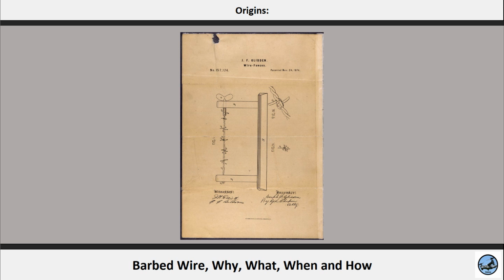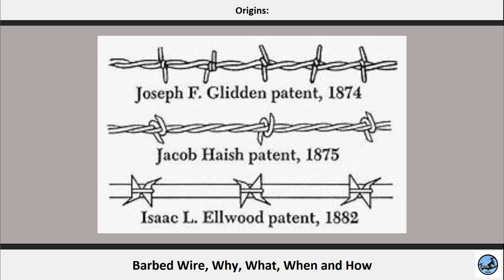Later, Glidden was joined by Ellwood, who was a hardware dealer that knew that his design could not compete with Glidden's, for which he applied for a patent in October 1873. Meanwhile, Haish, a lumber merchant, who had already secured several patents for barbed wire designs, applied for a patent on his third type of wire, the S-barb, and accused Glidden of interference, deferring Glidden's approval for his patent wire, nicknamed the Winner, until November 24, 1874.